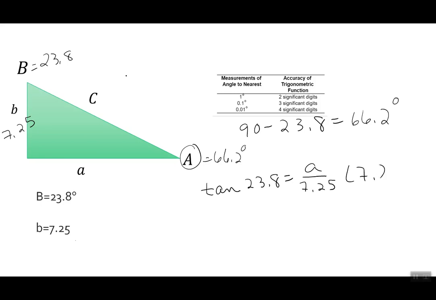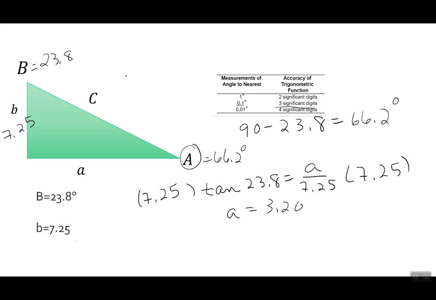Now I multiply 7.25 times both sides. 7.25 times the tangent of 23.8 gives me 3.197631001. Okay, let's stop a minute and say, one more time, I had 1 decimal place in my degree, so I'm going to give 3 significant digits. A is going to be equal to 3.20.